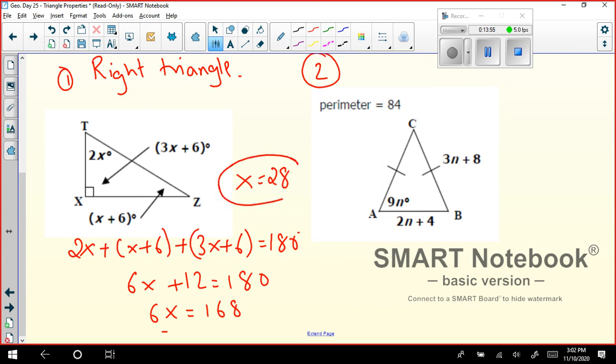Okay, use your chat and classify this triangle and also solve for n. So here the triangle is an isosceles triangle. And to solve for n, as it's isosceles, this side is also going to be 3n plus 8.